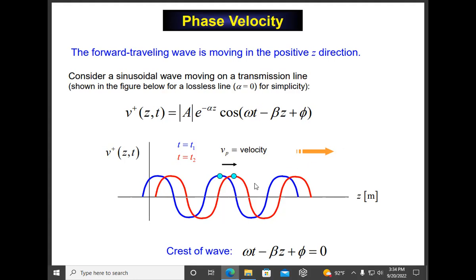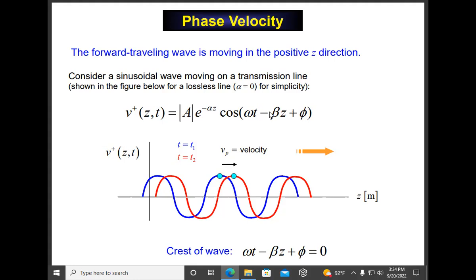So what I'm going to do, just imagine I'm tracking this sinusoidal wave moving down the line, and I'm giving you two snapshots. The blue is a snapshot at what I'll call T1. I wait a little bit longer, and the snapshot is then taken at T2, which is the red. Because it's moving, it has gone from here to here, going from time T1 to time T2. Now, I'm going to track the crest of the wave.